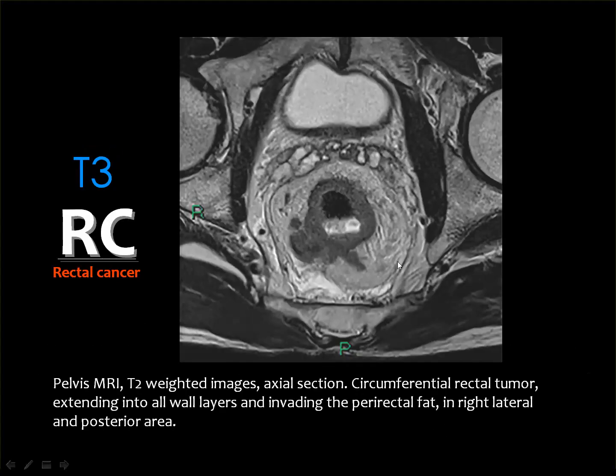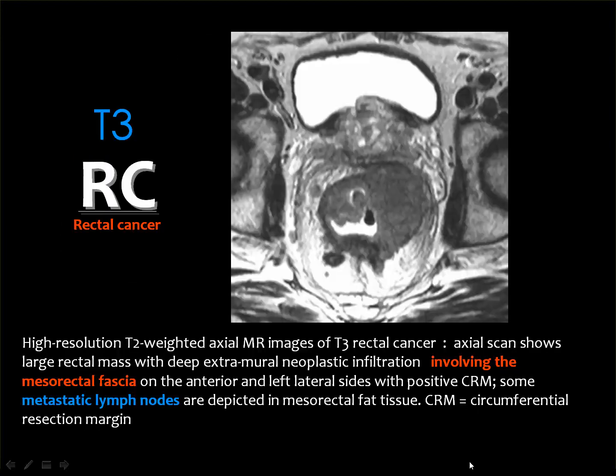Another example of a stage T3 tumor, with a significant lesion that has invaded the mesorectal fat, and there is also a lymph node adjacent to the tumor. In this case, you want to measure the distance between the tumor and the mesorectal fascia, which is helpful, as I mentioned, as a predictor for tumor recurrence.